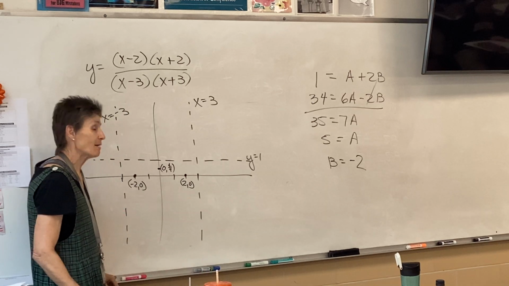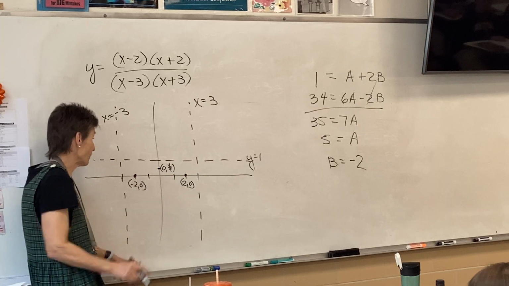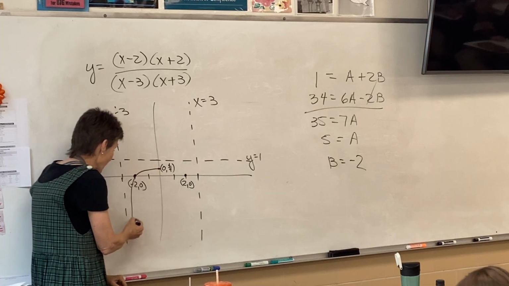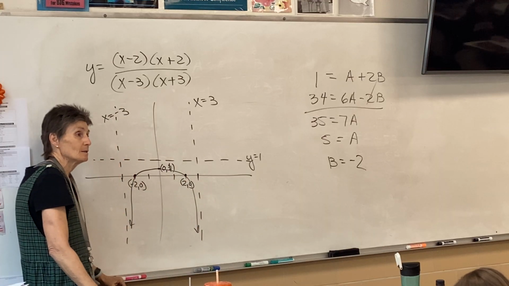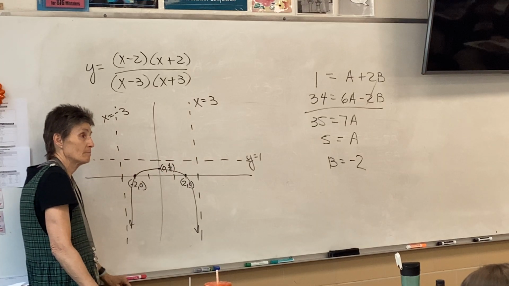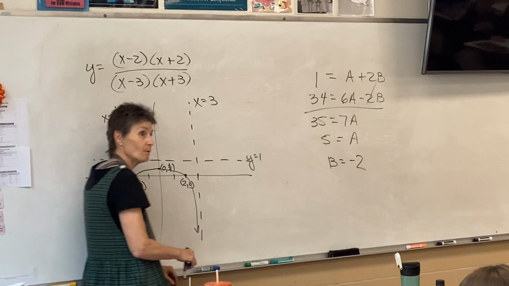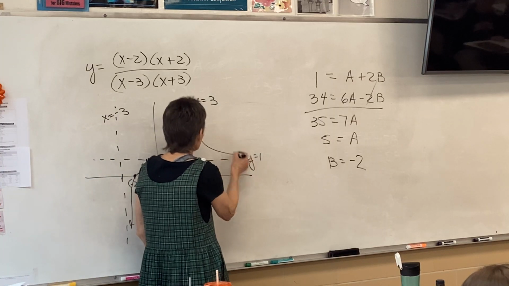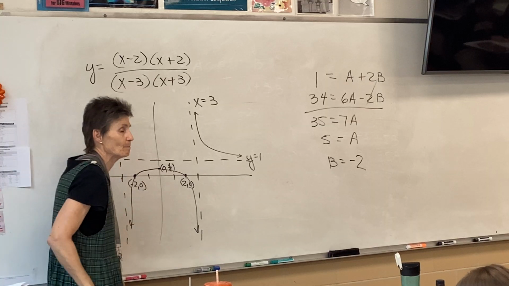Now, does anybody have an idea what this thing looks like? I heard a parabola. Does everybody kind of see a parabola right here? Yeah, it goes downwards. Alright, got that part. What's happening over on that side? Yep, that's exactly right. It looks just like this. Remember these things, you guys? We got them all the time.